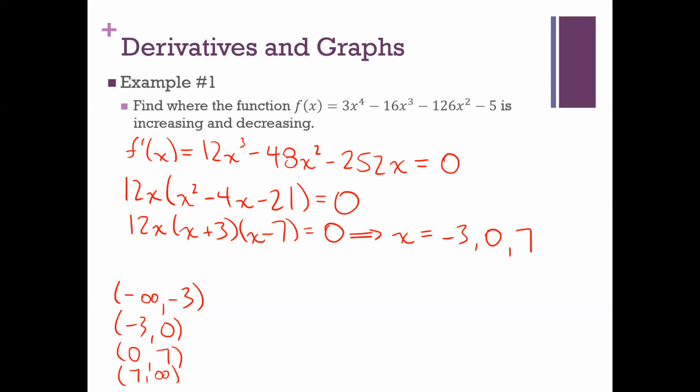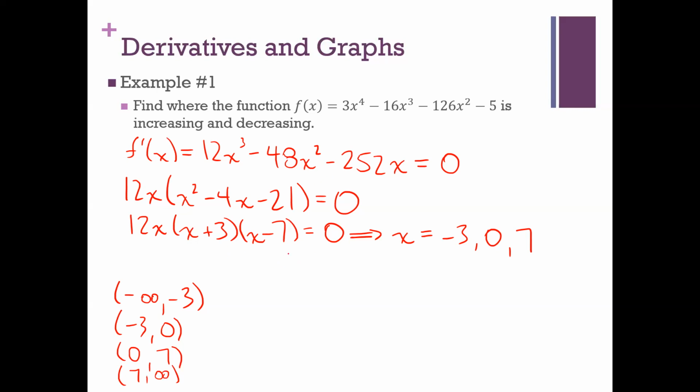Like, why am I not including -3? Because at those endpoints, the derivative is 0. So at all those endpoints, the function is neither increasing nor decreasing, so I can already rule those out.